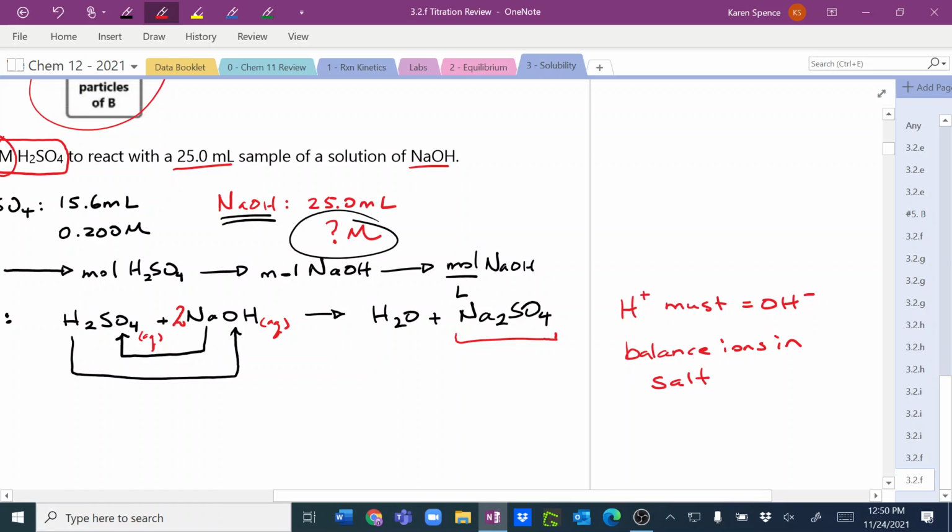And once you've balanced the ions in the salt, how many waters are we going to get? We have 2 hydrogens and 2 hydroxides. So how many waters are we going to get? 2.